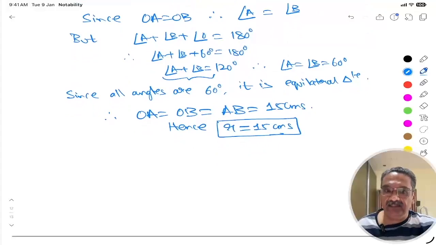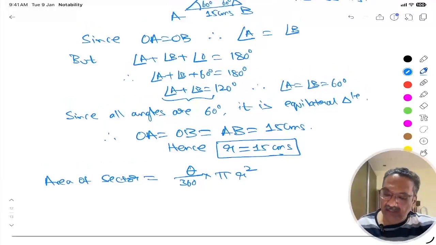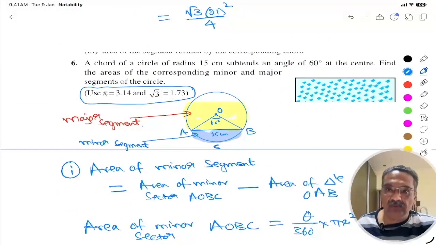So once we know the radius, we can find the area of sector. Area of sector is equal to theta by 360 into pi r square. See, here in the question they have asked us to take pi as 3.14. Alright.